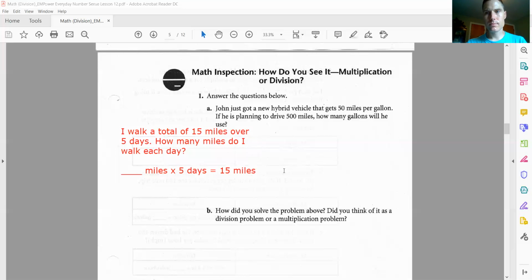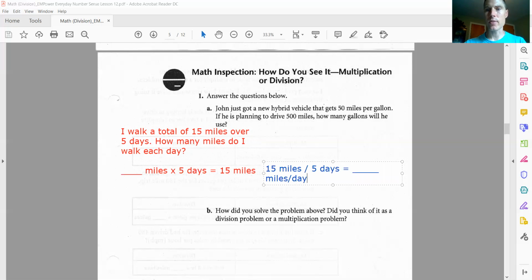Some of you might be thinking, I see this differently already. Maybe for those of you that see this as a division problem, which is what this lesson's all about, this one's easier to see like this: 15 miles, and I'm going to use the slash as divide, over 5 days is equal to how many miles per day.